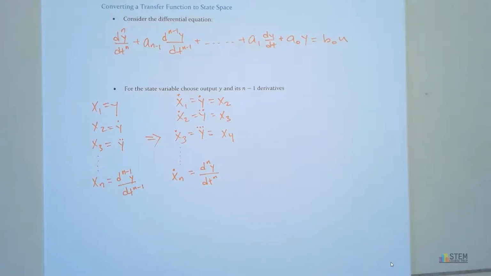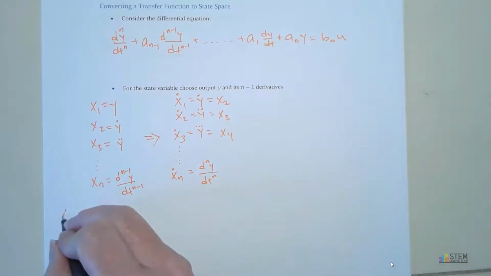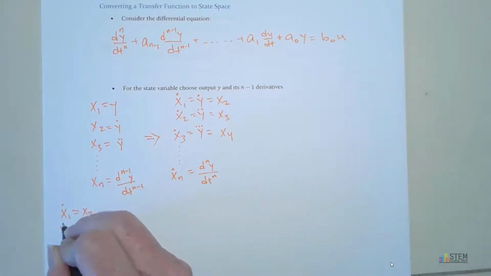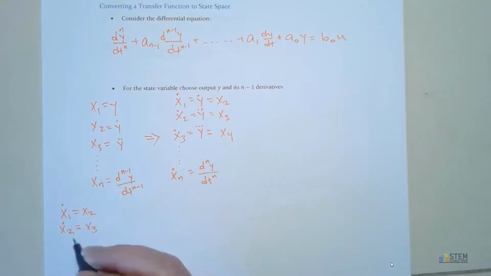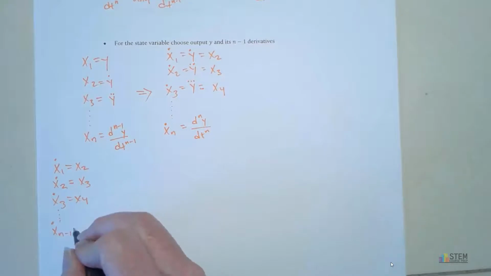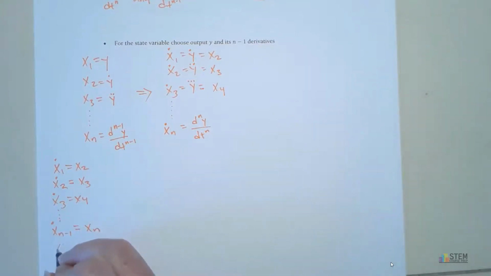Okay, so now we've got this. Let me rewrite this just so it's easier to see. x1 dot is x2. x2 dot is x3. x3 dot will be x4. Come down here, x_{n-1} dot is equal to xn. And then finally we have xn dot. That takes us to our equation of motion.